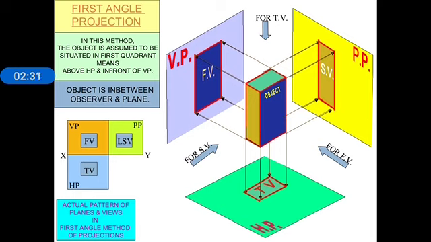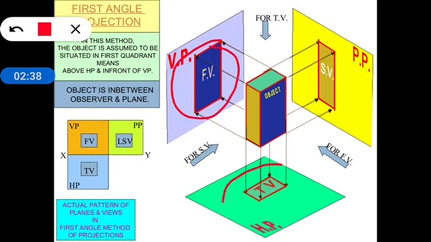This is a first angle projection. This one is the vertical plane, this is the horizontal plane, and this plane is used to show the side views.